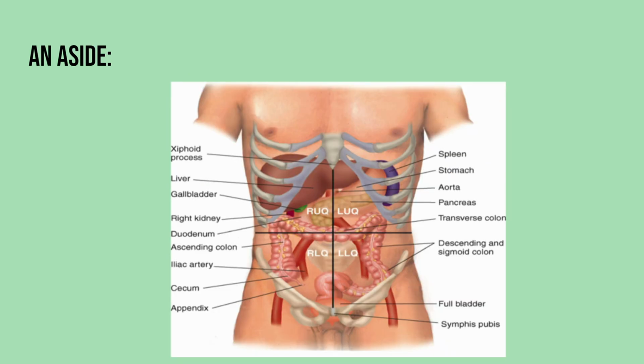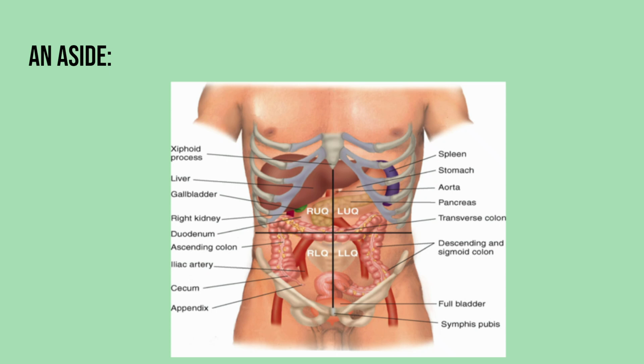This is the last thing I wanted to mention. I just remember this coming up and me not being prepared for it, so I wanted to throw it on the slide. Note that the spleen and pancreas are only on one side, in the left upper quadrant.